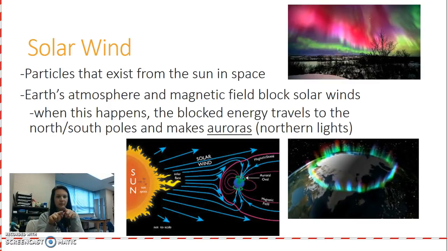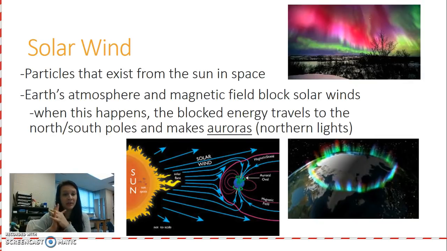loop around and connect at the north and south poles of our planet. So when solar wind is coming and it interacts with that magnetic field, it can travel up the magnetic field or travel down the magnetic field to those North Pole, South Pole regions. And when it stops there, it will create a light show.